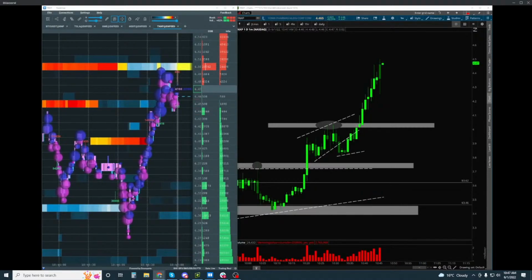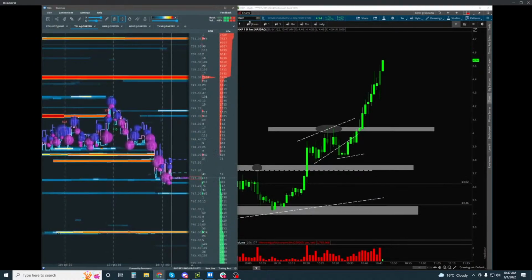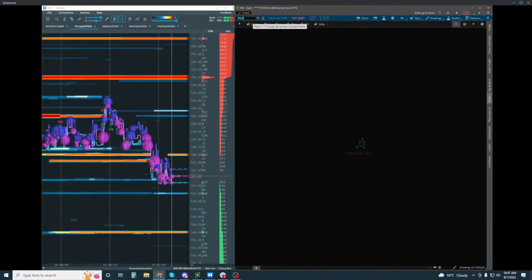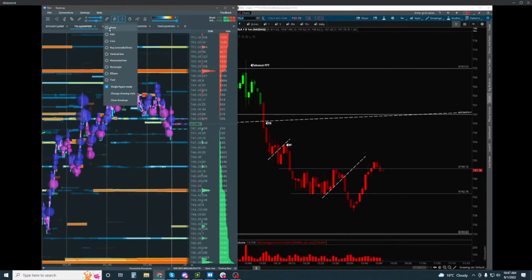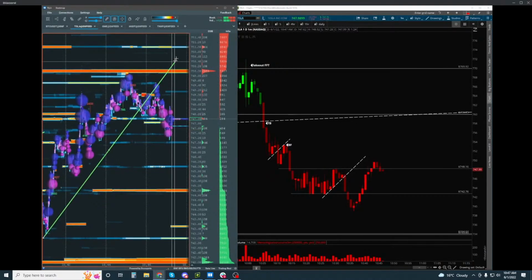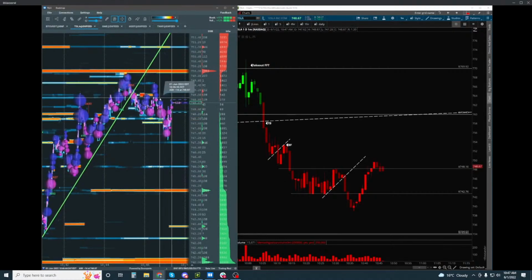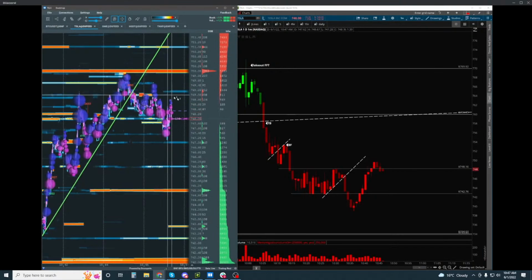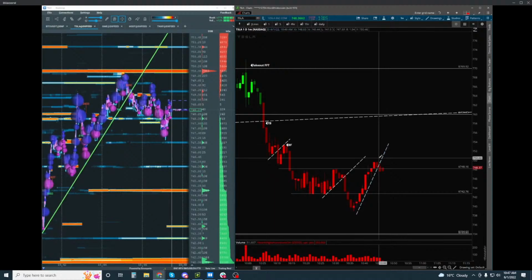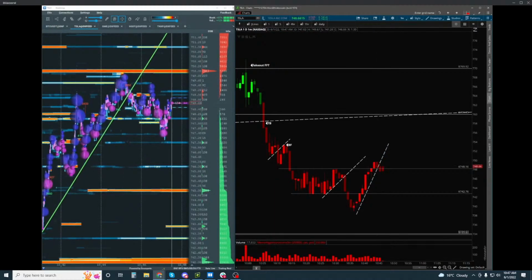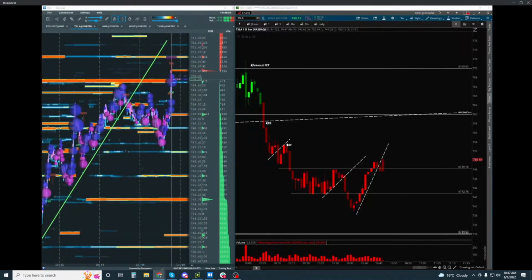I took just now another short on Tesla. So Tesla breakdown. So I'm looking over here for the price to hold below 748, 749. Having a tight stop over here. So if price is not working, I'm already out.